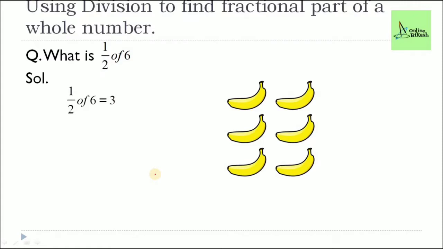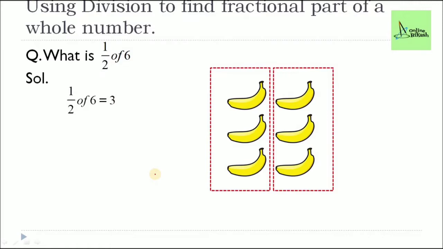That means we will divide these 6 bananas into 2 groups like this. Now you have to take 1 group because it is 1 by 2. So in 1 group, how many bananas are there? Definitely you will say 3 bananas. That is, 1 by 2 of 6 is 3.